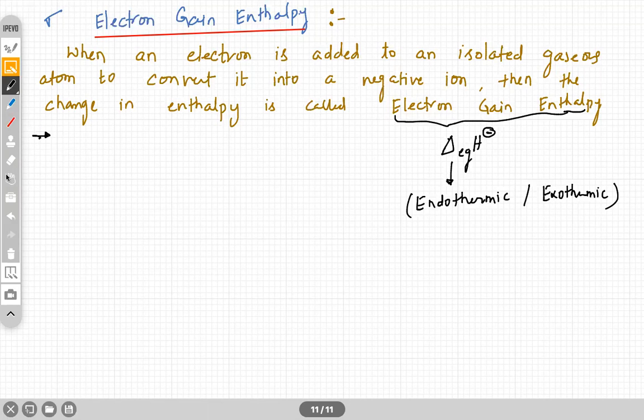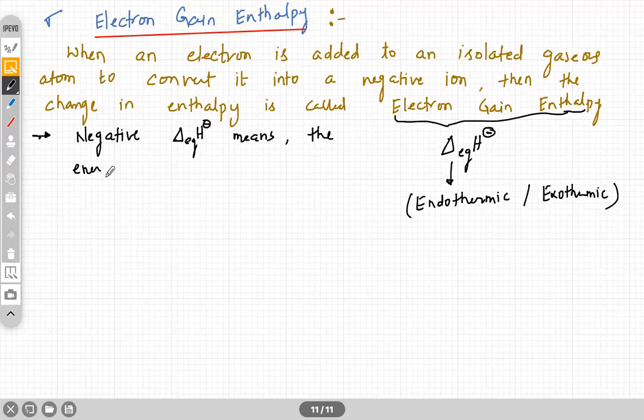The negative electron gain enthalpy, you can write the symbol delta Eg H negative, means the energy releases in this process. Suppose we have a gaseous atom A and we add an electron onto this.